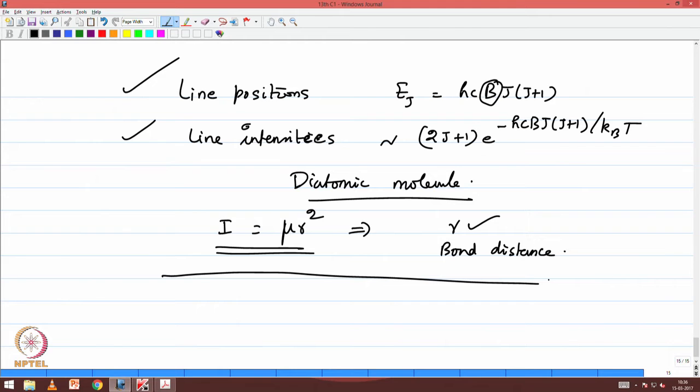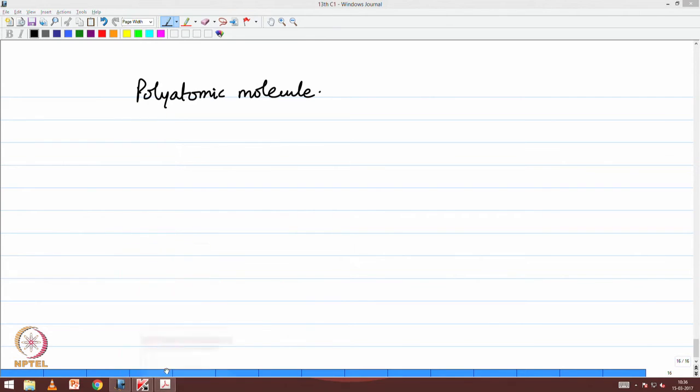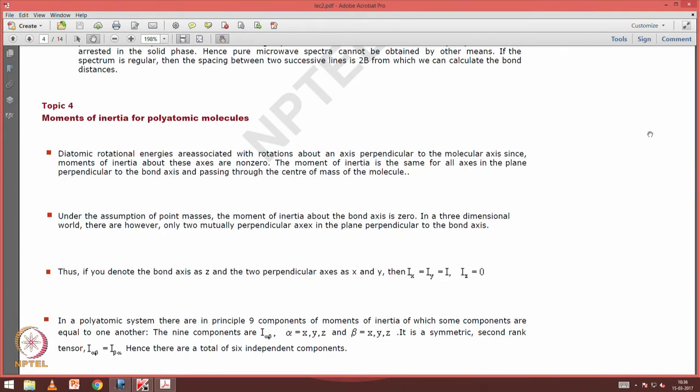Okay. So, let us move on to the next case of a polyatomic molecule. And for a polyatomic molecule, if it is an arbitrary molecule, let us see if I have those things mentioned in my lecture notes. So, we have the moments of inertia for polyatomic molecules.